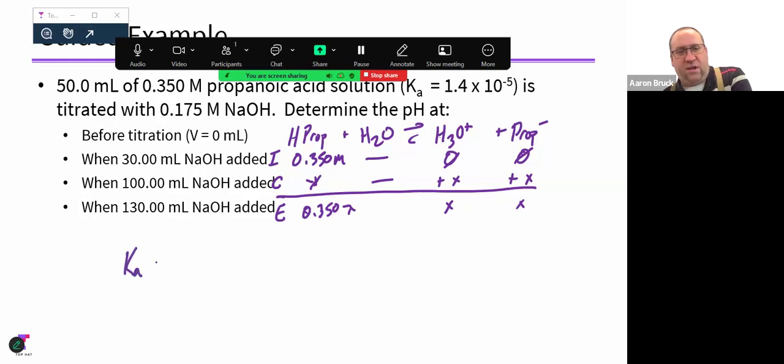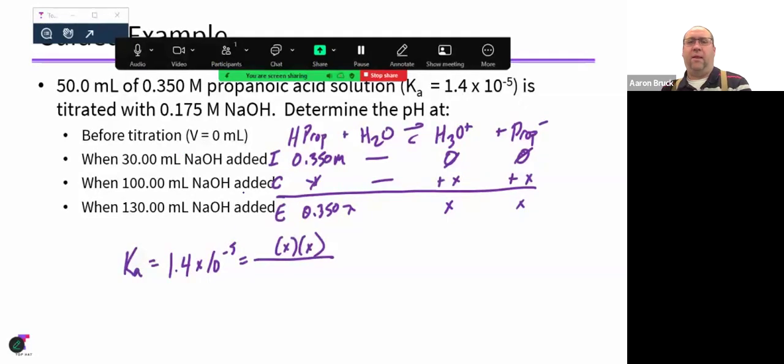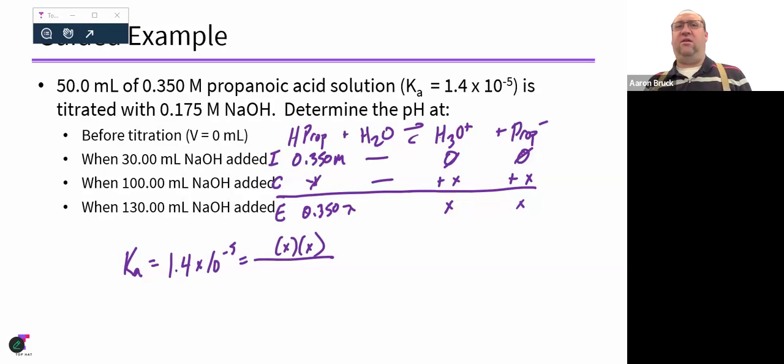Setting up our equilibrium expression, 1.4 times 10 to the negative fifth is equal to X times X over, well, let's stop ourselves here. Can we ignore the minus X term here? Is this a 5% candidate?